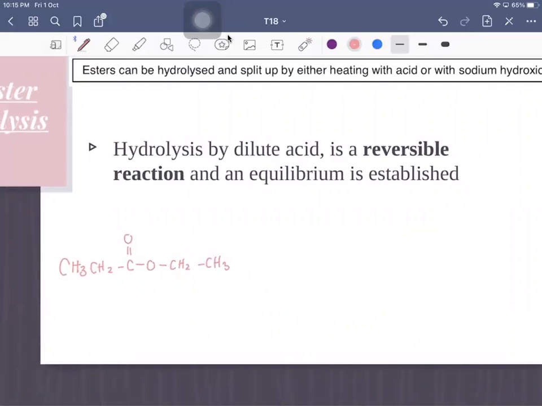I will not talk about naming it today. COOC. Whenever you see the COOC, it is an ester functional group. Do not get confused. This is not carboxylic acid. This is not ketone. This is ester.